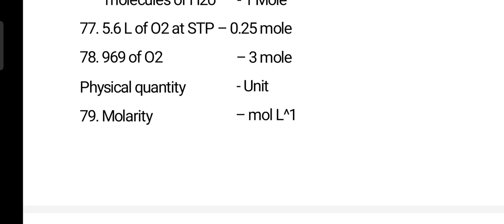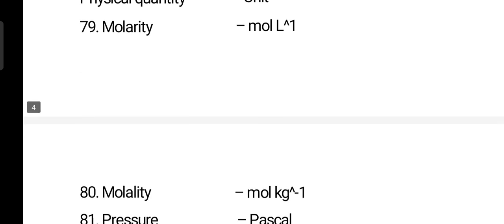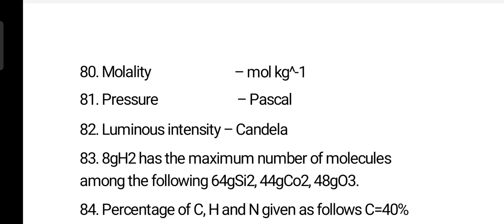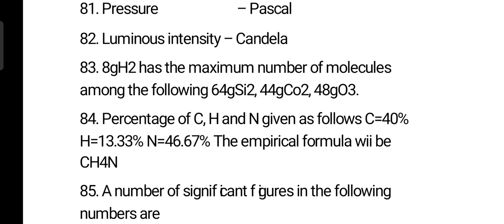Physical quantity and unit: molarity, mole per liter. Molality, mole per kg. Pressure, Pascal. Luminous intensity, candela.